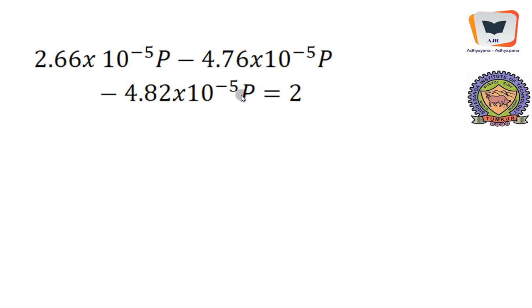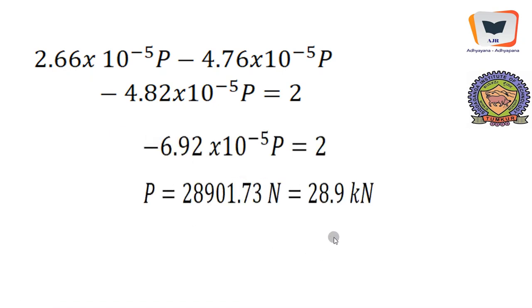But anyway the net deformation should be equal to 2 because it should not exceed 2. And if we simplify this, we will come out with the value of P equal to 28.9 kilonewton. So if we consider the criterion of limiting the deformation to 2 millimeter, it comes to be 28.9 kilonewton.